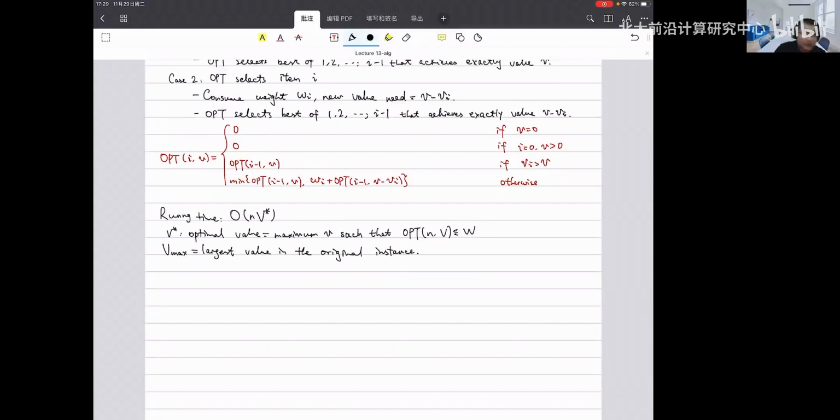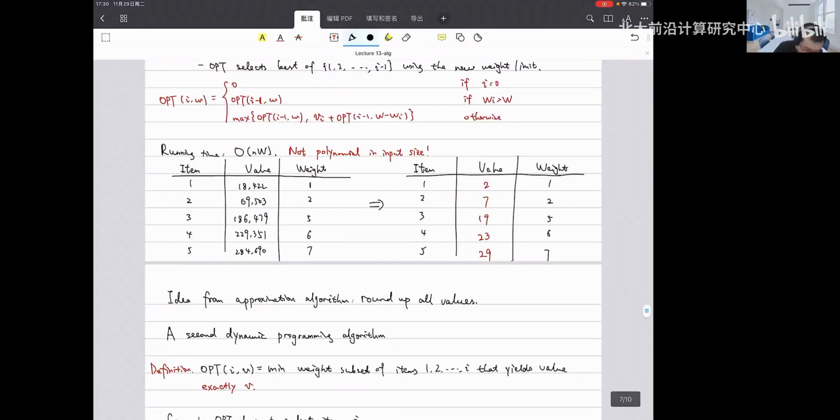In any case, we know that V star is smaller than n times V max, because in the most extreme case, even if we pick all of the items, V star should be at most n times V max. This is just due to the definition. The good thing about V max, compared to V star, is that V max is apparent.